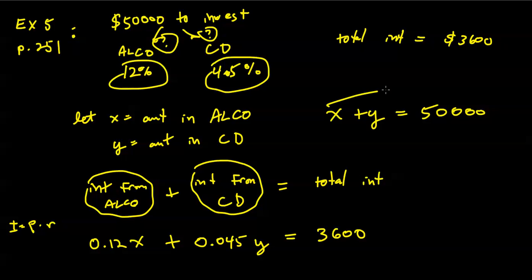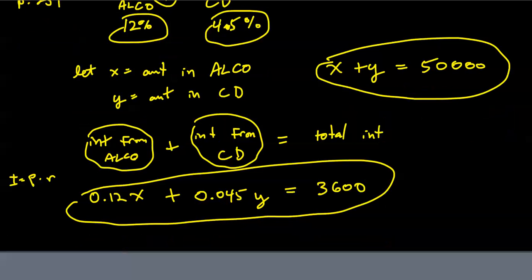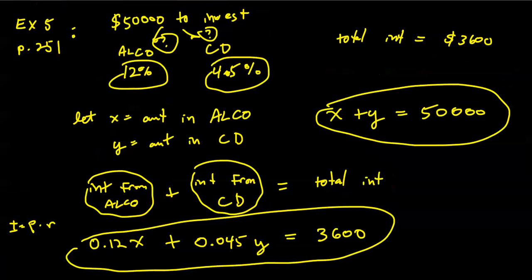All right, so using now these two equations, I can get a system which hopefully I can solve either by elimination or substitution. I think we're going to use substitution here. This is solved in the book, so I'm going to get a new screen and rewrite those two equations.